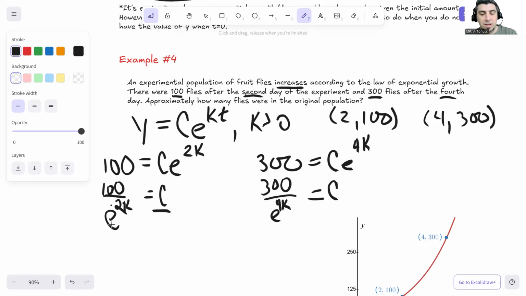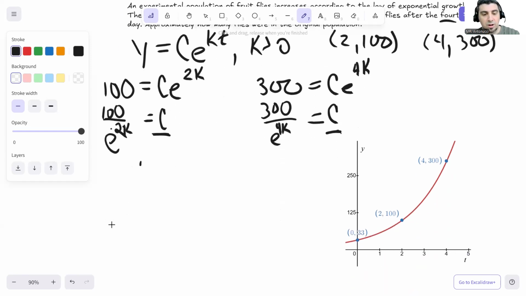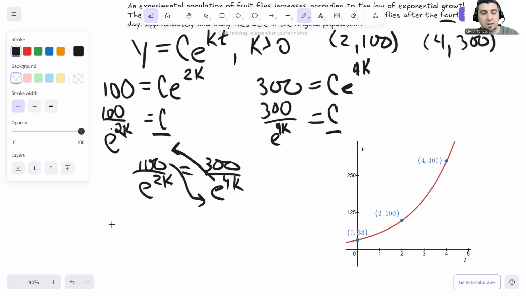Now, since they're both equal to c, I can set them equal to each other. All right, so 100 over e to the 2k equals 300 over e to the 4k. Now I'm going to cross multiply. I'm going to multiply the e to the 4k here and then divide the 100 here. So I'd have e to the 4k over e to the 2k equals 300 over 100, or 3.